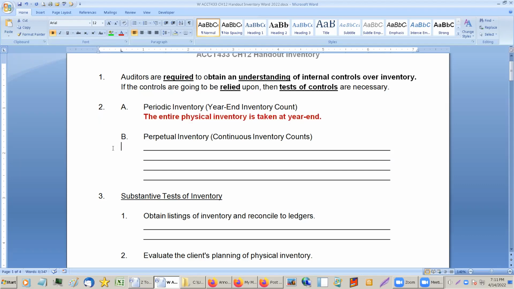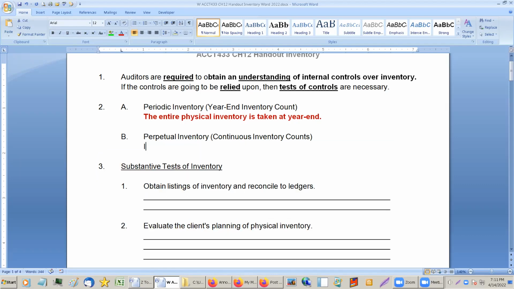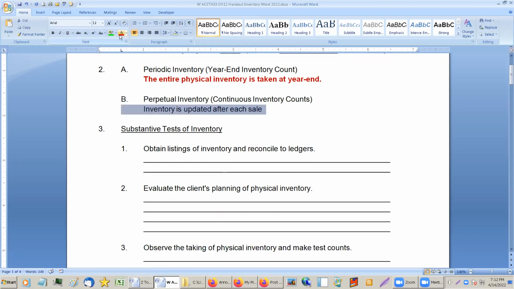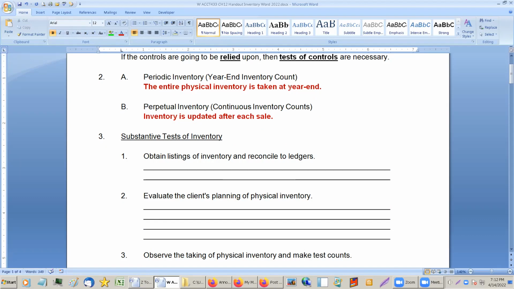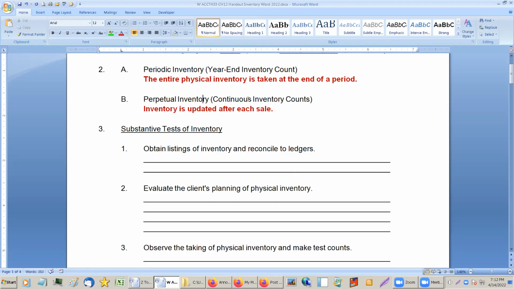Perpetual inventory. Perpetual inventory means continuous inventory counts.